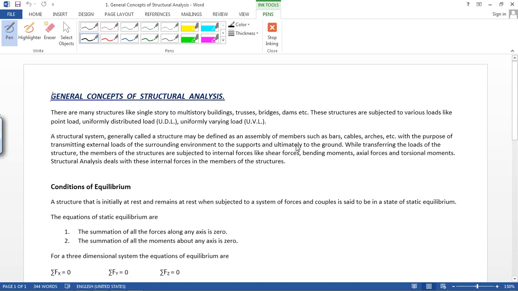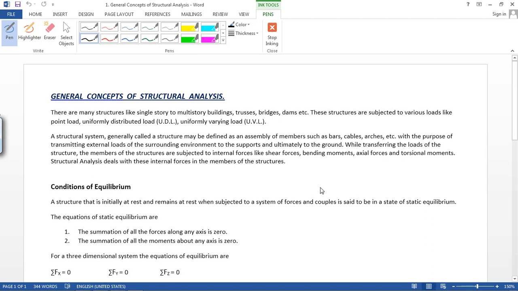These structures are subjected to various load like point load, uniformly distributed load, or in short UDL, uniformly varying load, short UVL. A structural system, generally called a structure, may be defined as an assembly of members such as bars, cable, arches, etc., with the purpose of transmitting external loads of the surrounding environment to the support and ultimately to the ground.